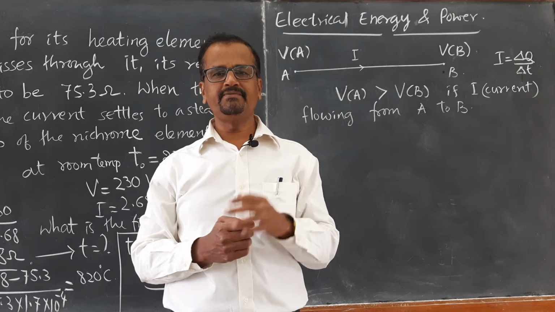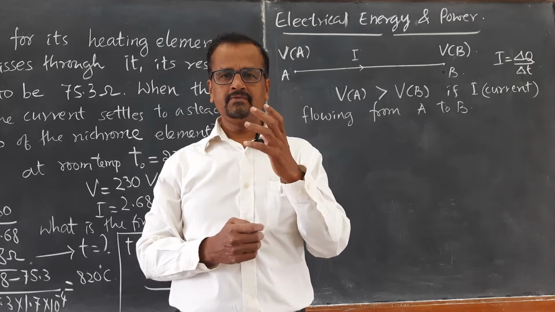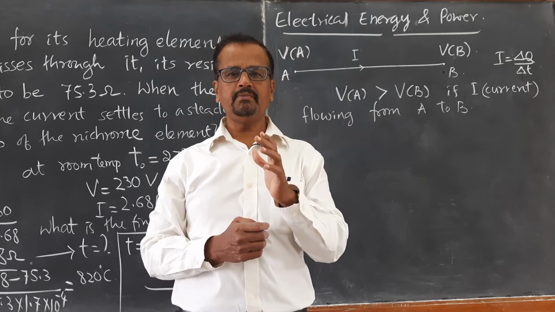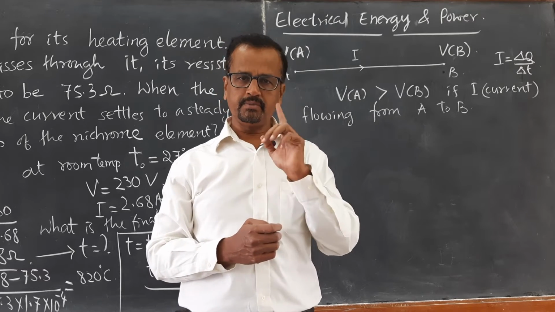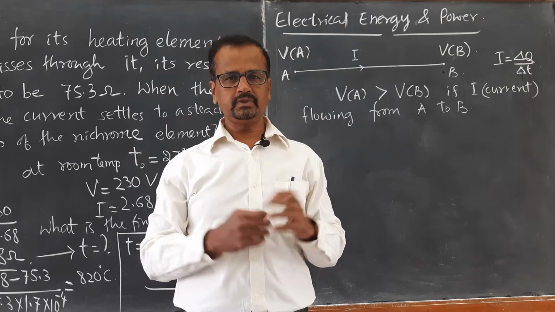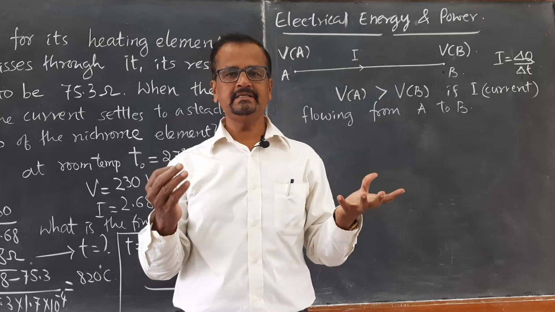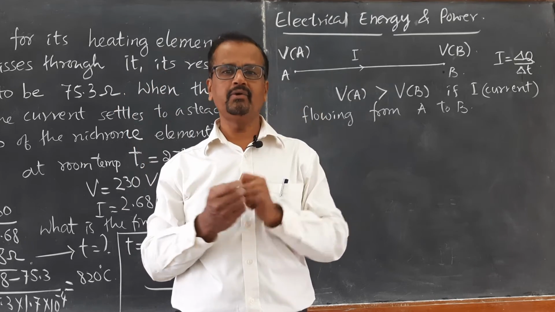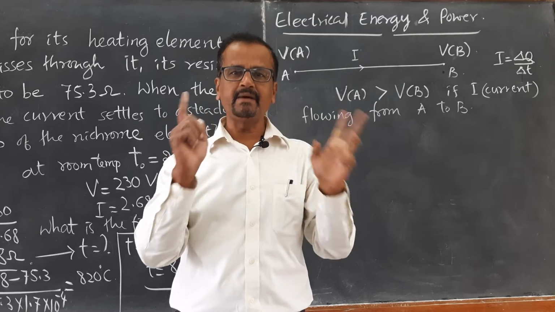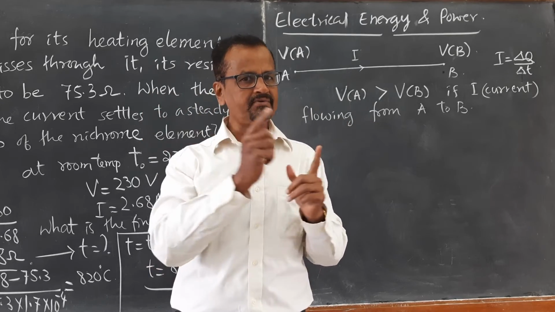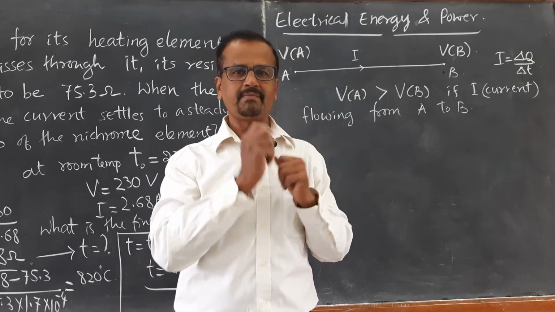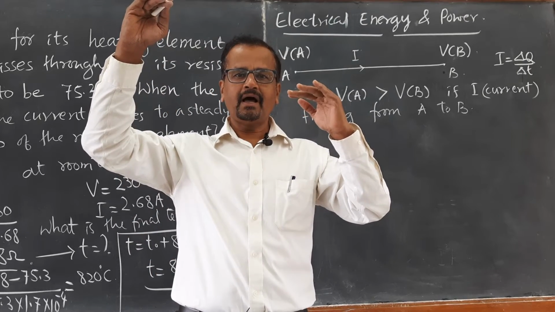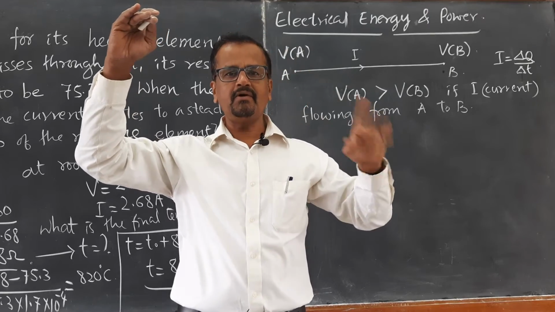Similarly, we have studied from thermodynamics the flow of heat. The thermal energy flows from a body at higher temperature to a body at lower temperature. So that is what we call heat. Heat is the energy in transit from a body at higher temperature to a body at lower temperature. As long as there is a temperature difference, there will be flow of thermal energy. As long as there is a difference in the level of height, so long there will be flow of water.